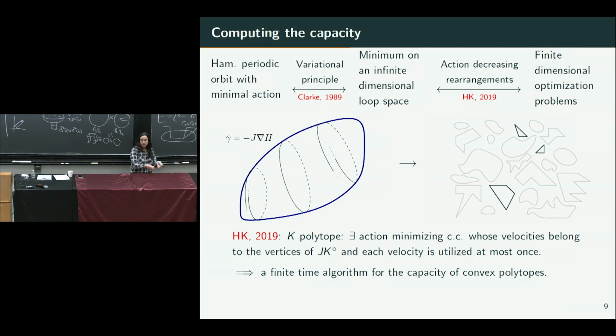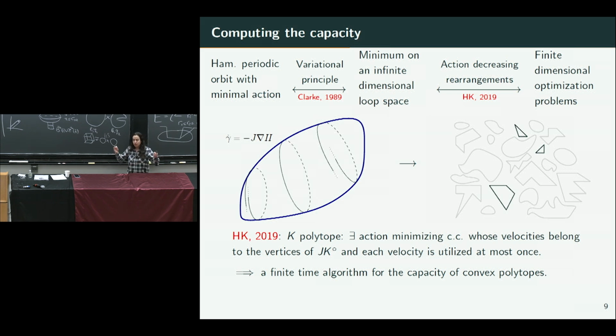So if we have a very complex polytope, we might not be able to calculate the capacity. So we have a new, very large class of polytopes we can compute the capacity of, but still not all convex domains.